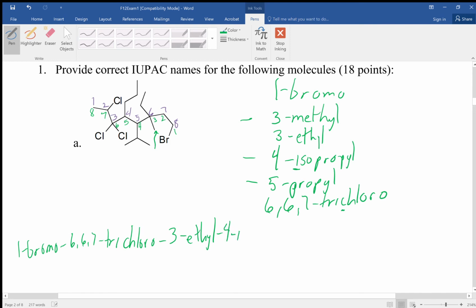So alphabetically, isopropyl comes next, followed by methyl, and finally propyl comes last. Now that we've named all the substituents, we just need the name of the parent chain. This chain is 8 carbons long, and so this is named as an octane.